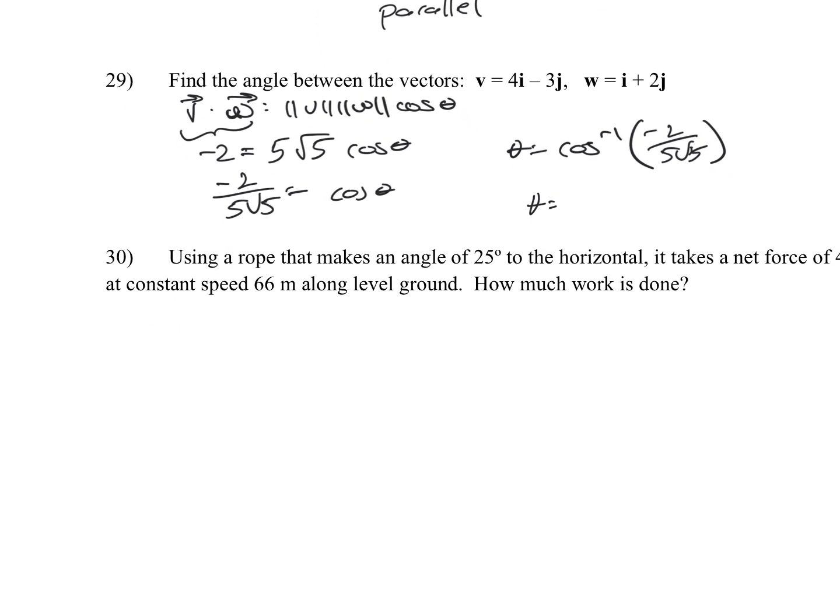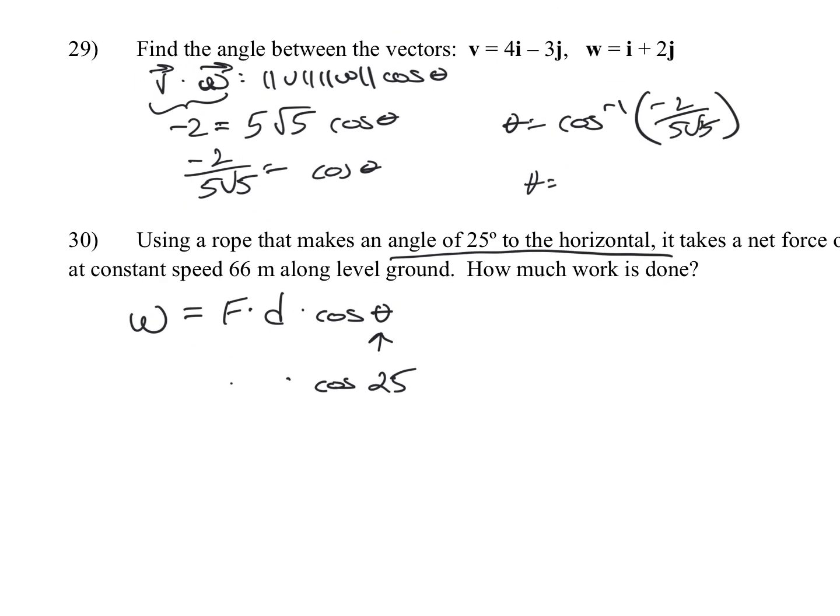And then for this equation where it's the work equation, so we had this formula, work equals force times displacement times cosine of theta. So just looking at the question, using a rope that makes an angle of 25 degrees. Okay, well, there's theta. So we would put that as our cosine. It takes a net force of 450 newtons. Okay, there's my force.